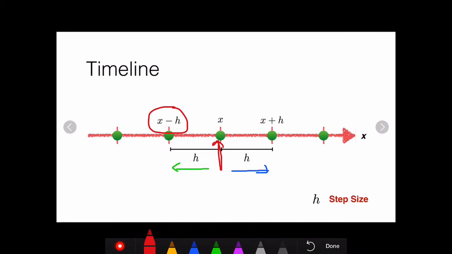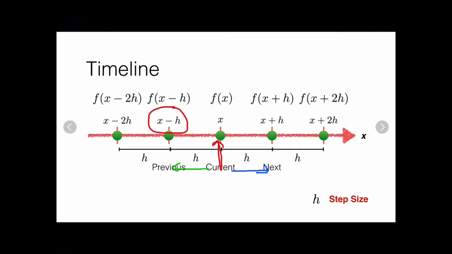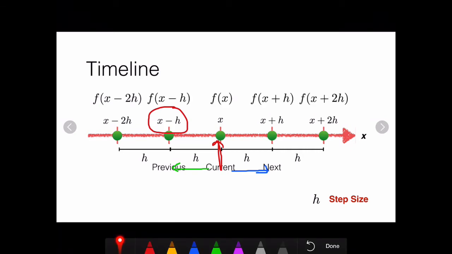So let's move this point further to the left, with the step size h. Then I have x plus 2h. The same thing, I can move backwards.